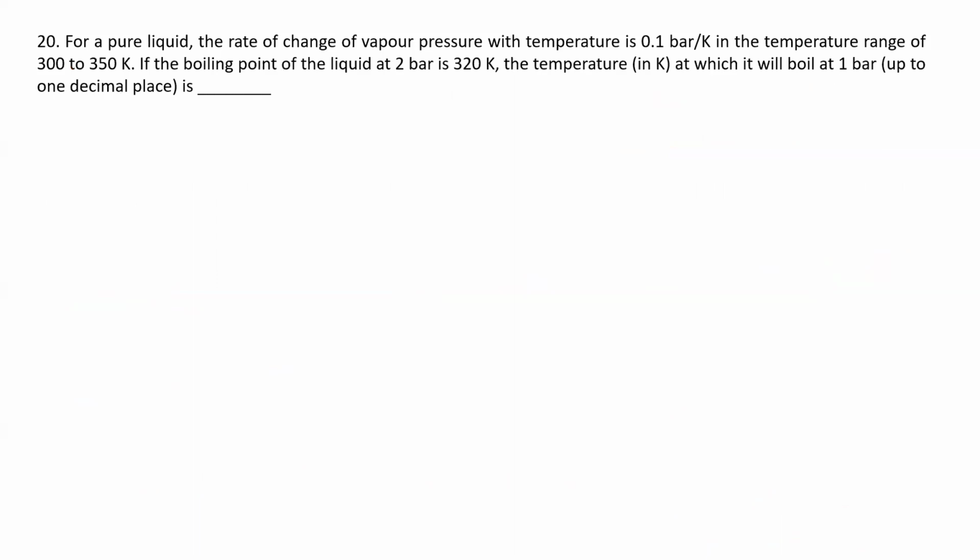If for a pure liquid, the rate of change of vapor pressure with temperature is 0.1 bar per Kelvin. So the rate of change of vapor pressure, delta P sat by delta T, equals 0.1 bar per Kelvin, in the temperature range of 300 to 350.